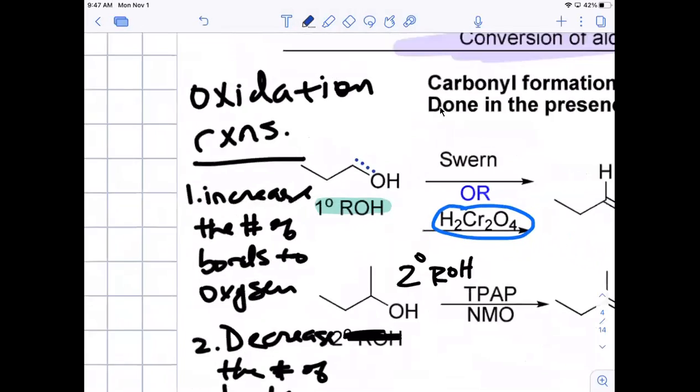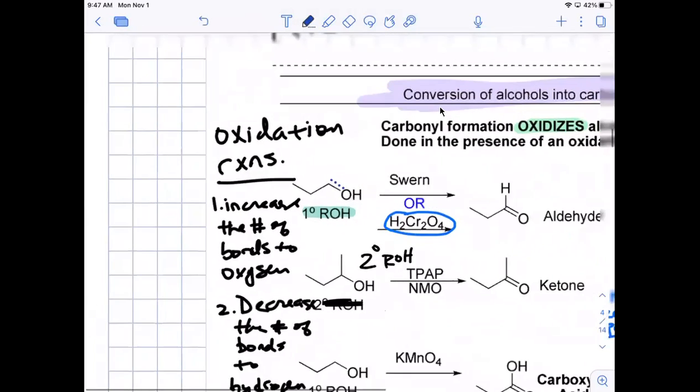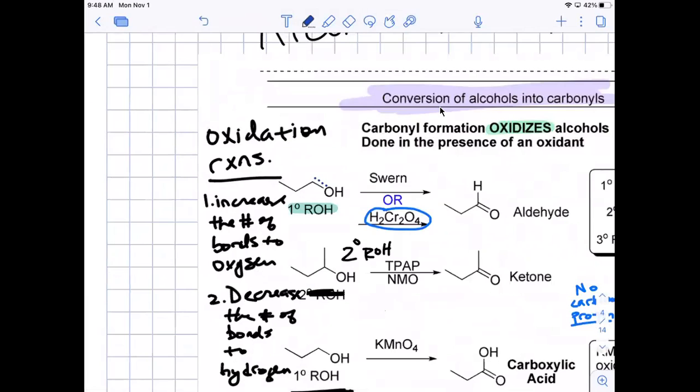I'm putting the double bond right there. That's understood because chromic acid is an oxidant. And what it does is it converts that alcohol into a carbonyl, right? So you can see right here, it's the same carbon. That's where your carbonyl is going to be, right?